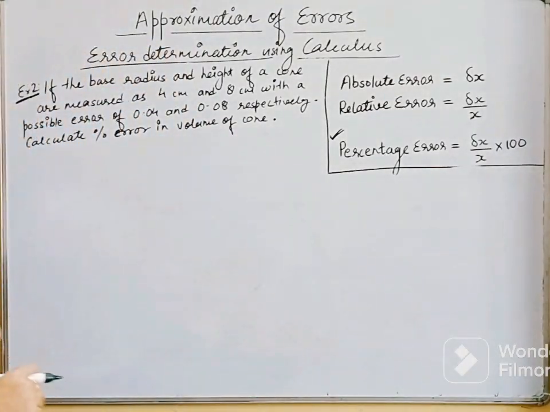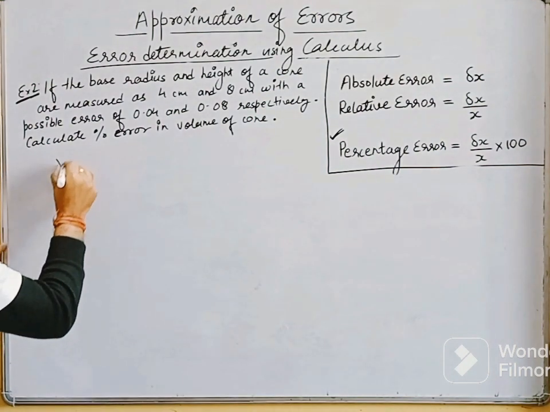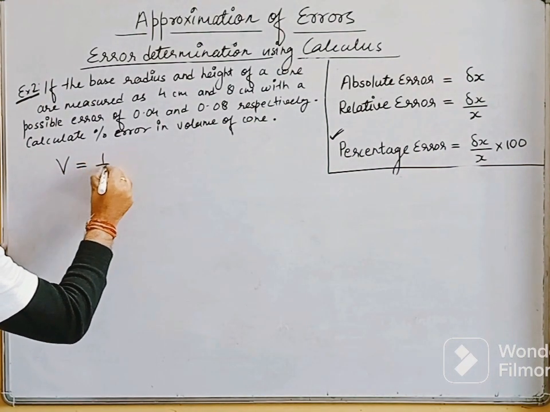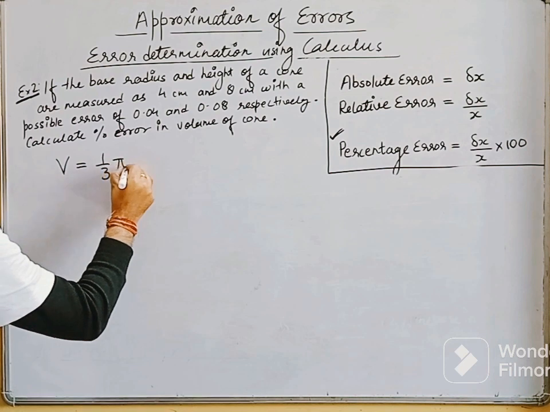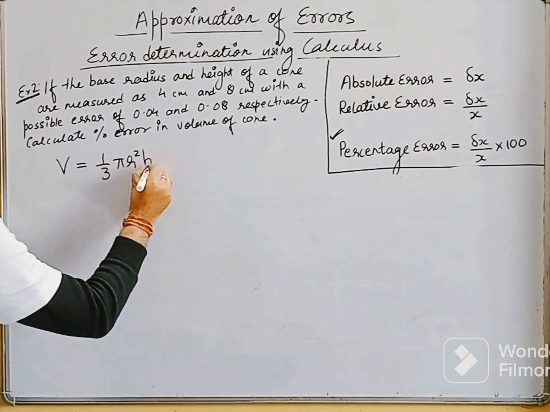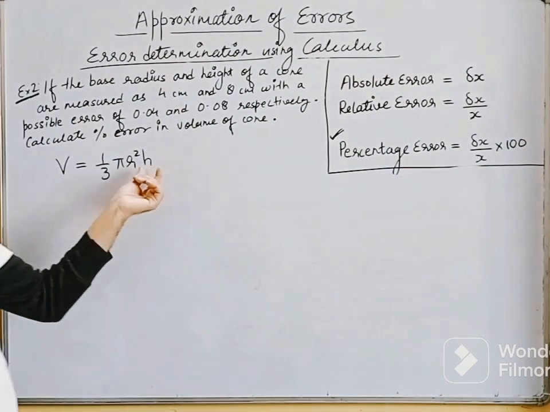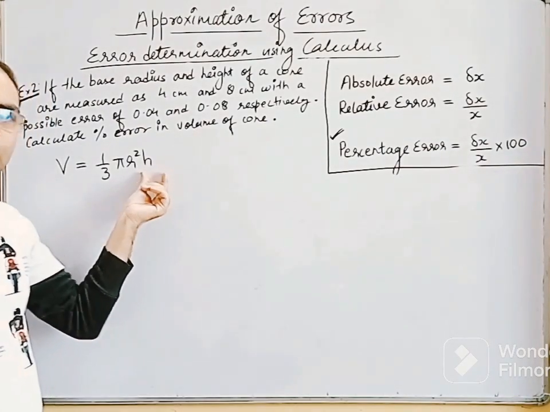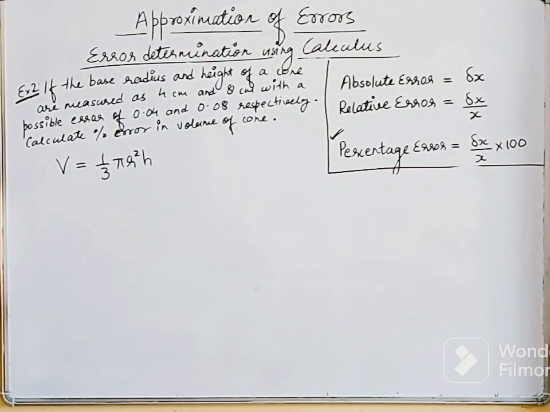For that we need to use the formula for the volume of a cone, which is 1 upon 3 pi r square h, where r is the radius and h is the height. Now let's take log on both the sides.